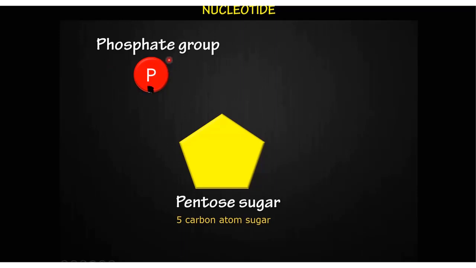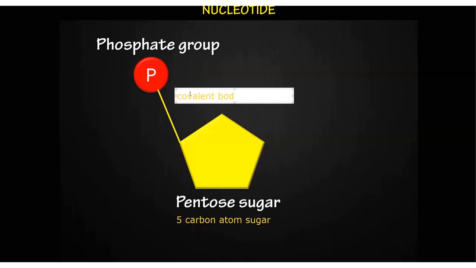And to show its phosphate group, inside the circle, we'll add an alphabet P, capital P, to represent a phosphate group. The phosphate group is linked to the pentose sugar because I'm using a straight line here, meaning this is a covalent bond. So every time you see a straight line, it's a covalent bond, which you'll be learning in your chemistry also.